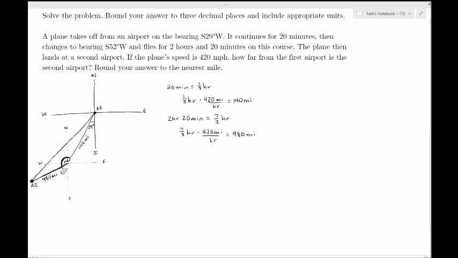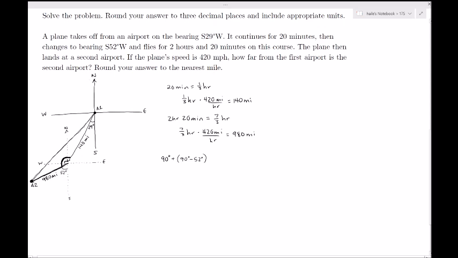Okay, so we know we have a right angle between the north and west axis. So we have 90 degrees, and then between the arrow here and the west axis, we have 90 degrees minus 52 degrees, because those two angles have to add up to 90. And then for the little angle between the north axis and that arrow, notice that the north axis here is parallel to the north axis here.